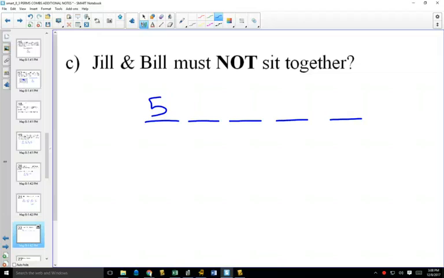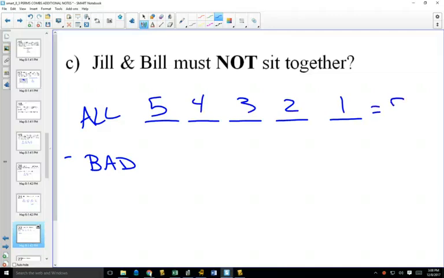And it gets confusing because you don't know what to write in the next space because it's all dependent on what you chose first. So the easier way is to say, well, I'm going to use the not strategy, which is always all minus the bad. Well, all the ways people could sit on the park bench, well, that's easy to figure out. That's just 5 factorial or 120 ways.